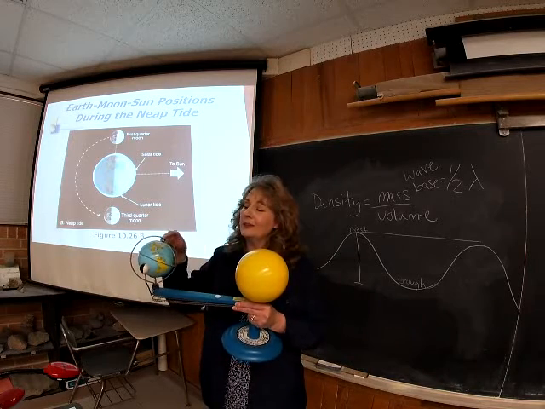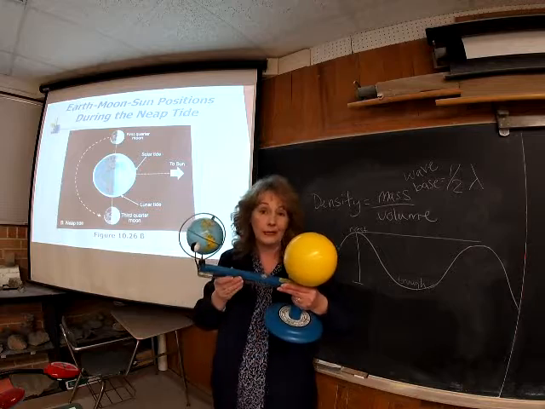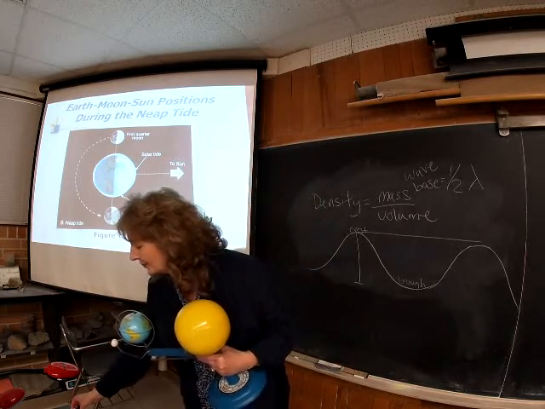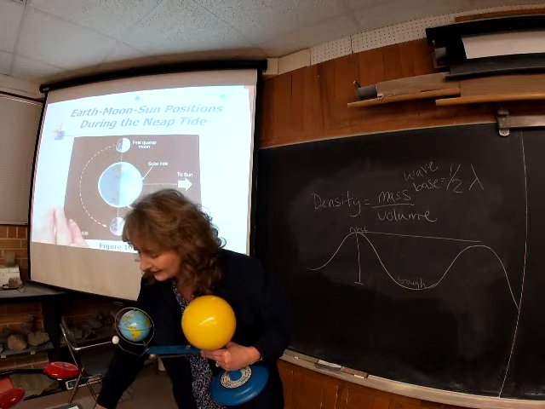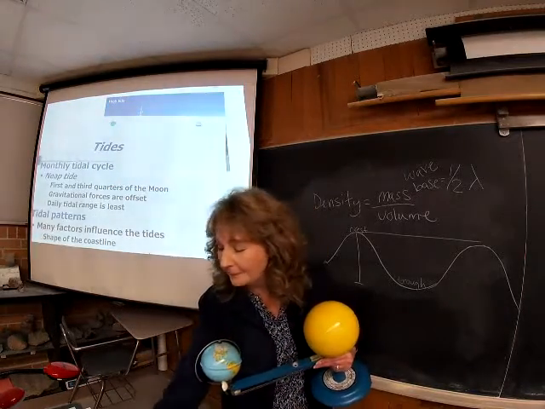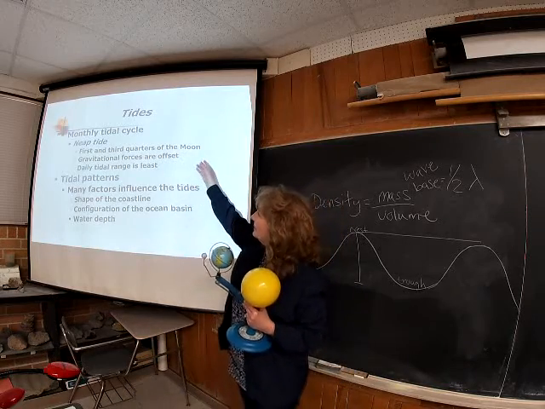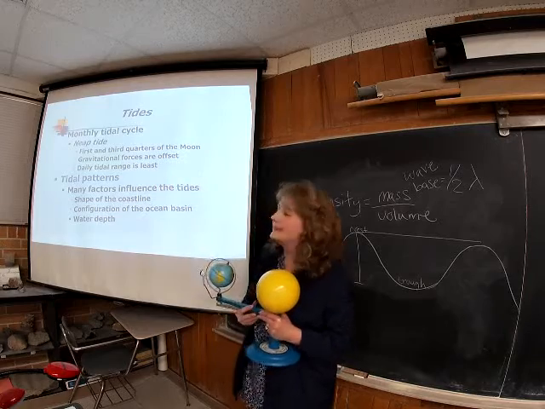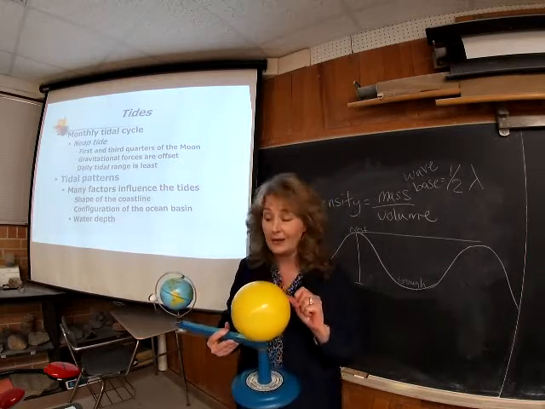When you get this perpendicular or right angle geometry, okay? So it counterbalances that gravitational pull just a little bit, to where then your neap tides, first and third quarters of the moon, gravitational forces are offset, so your daily tidal range is the least, okay?